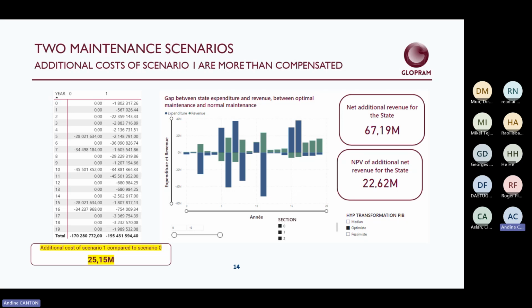So the maintenance is not a cost, it brings money back to the budget more than its cost. If you discount, obviously the figures is not so high. You go from 67 million to 22, but it remains positive.